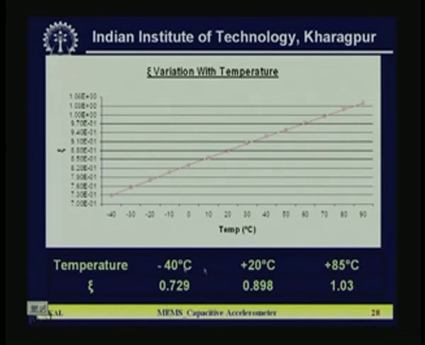That means it is not a wide variation, and our targeted value of xi given in the first slide was 0.7 to 1.2, and over the whole temperature range of minus 40 to plus 85, it is within that range. So, we can go for that particular design which we have stated earlier.